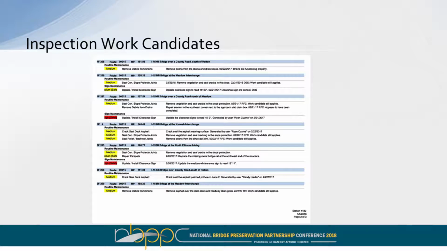We have a predefined list of work candidates so that they can categorize what work is needed, and we can go through our database and search it and compile all of the bridges that need a new overlay or all of the bridges that need pothole patching. With the standardized language, it makes it a lot easier to query that data and bring it forward. They're also identifying priorities and assigning whether it goes out to our maintenance group or to our planning group to look for prioritization of funding.